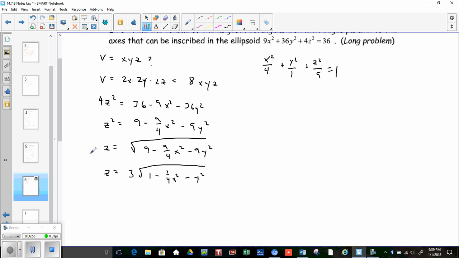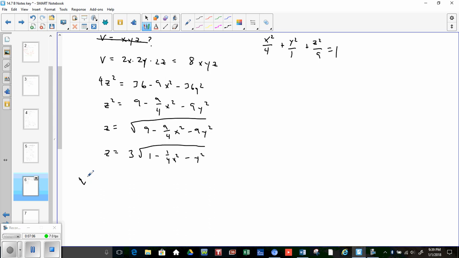So we're going to use this to plug into this one right here, because this is not actually our equation, this one is. So we're going to go ahead and put the volume as 8xy, and then this is our z, so we've got 3 square root of 1 minus 1/4 x squared minus y squared.